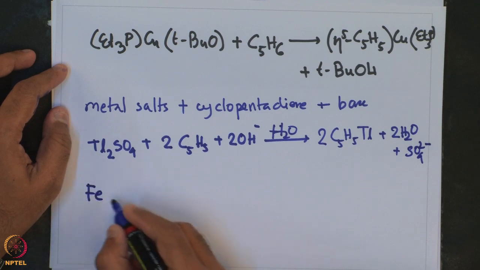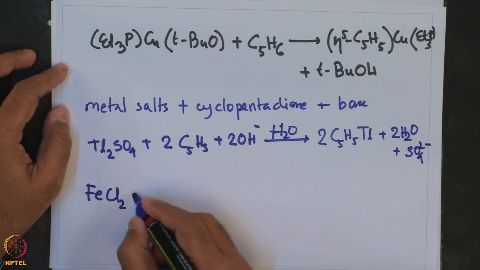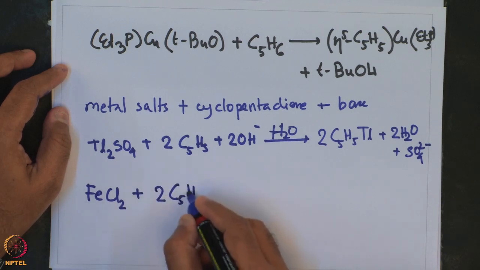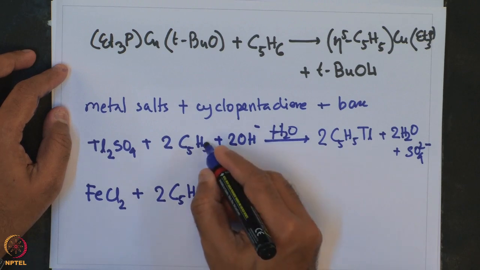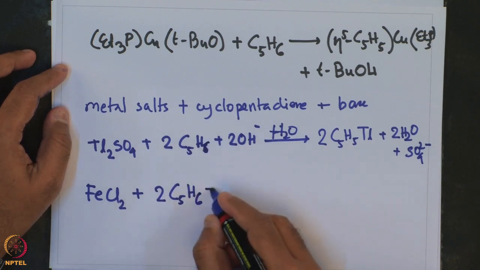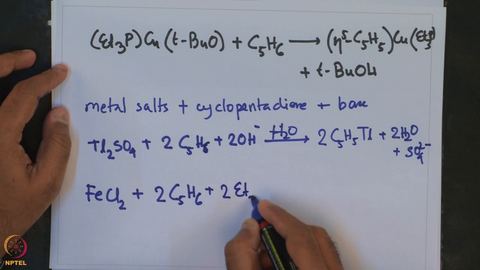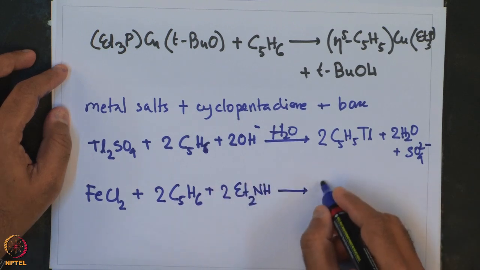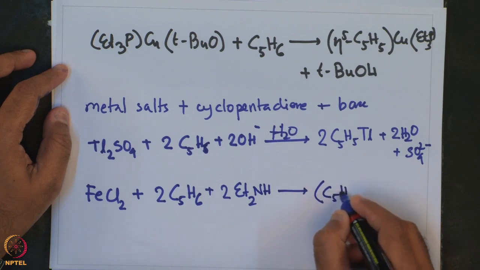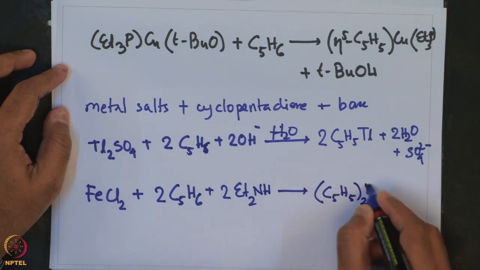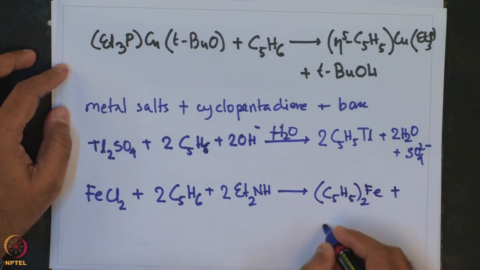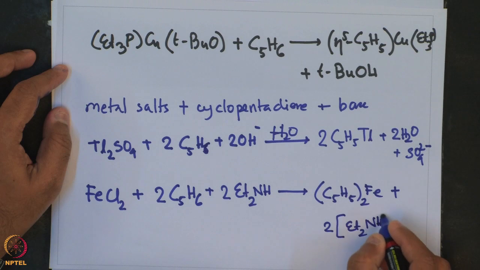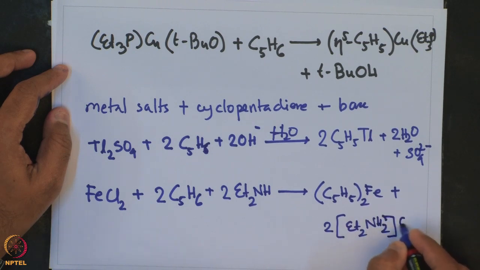Similarly, the reaction of FeCl2 plus 2 C5H6 plus 2 diethylamine gives ferrocene plus 2 Et2NH2Cl.